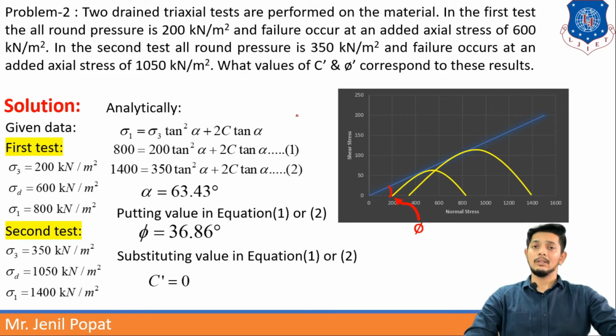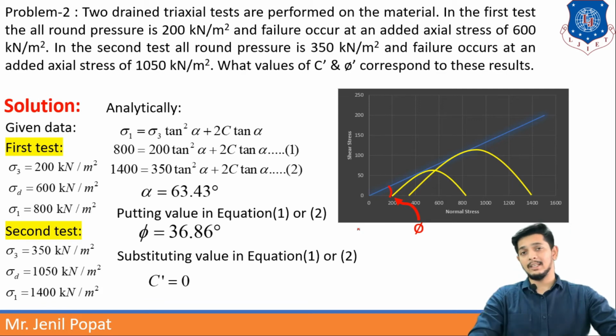So I should check the values from this theory. Now you can simply check that analytically C dash is coming 0. So the constant cohesion is 0, and in the graph also you can see the cohesion is 0 because the tangent is starting from 0. So this is the basic idea of this numerical.